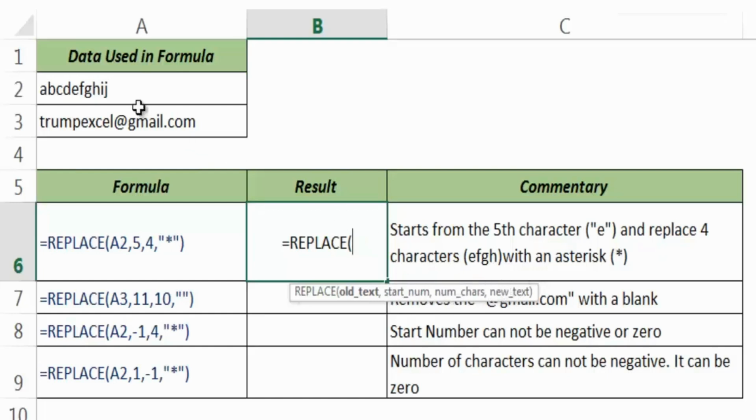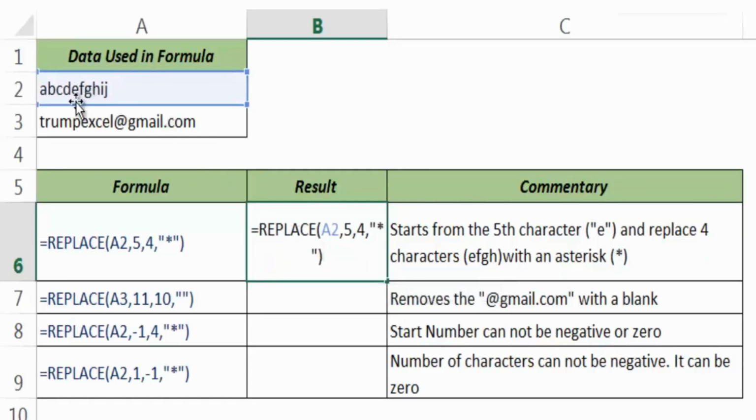So let me show you how this works. I select A2 as the cell reference, which is the old text. In start number, I give 5, which means it will start from the fifth character, which is A, B, C, D, E. E is the fifth character, so this will start replacing from E. In number of characters, I give 4, which means it would take 4 characters starting from E. So it will take E, F, G, and H. And in new text, I want this to be replaced by an asterisk sign.